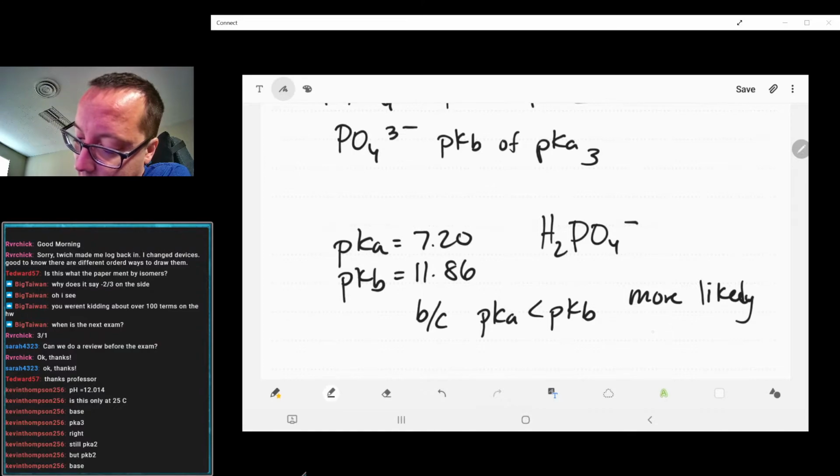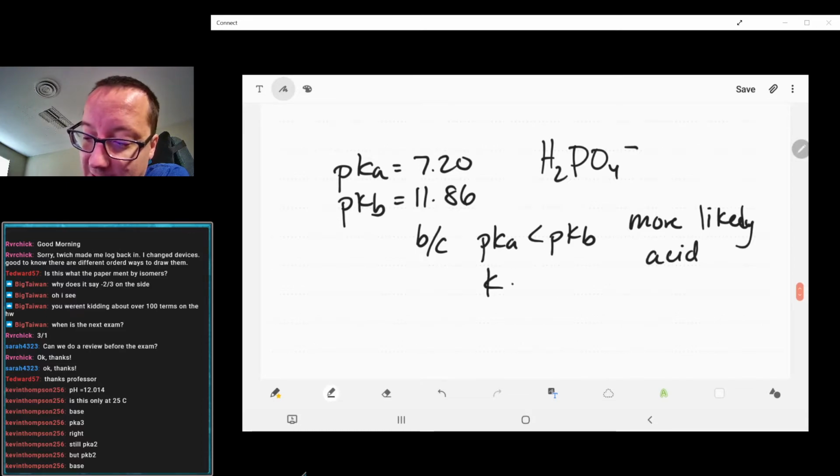More likely as an acid than to react as a base. If we were to find the Kas and Kbs, you would see that Ka would be greater than Kb for this one.